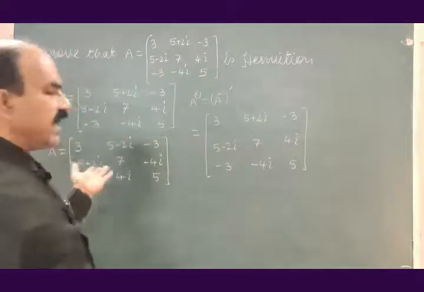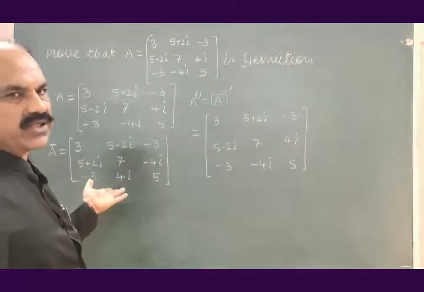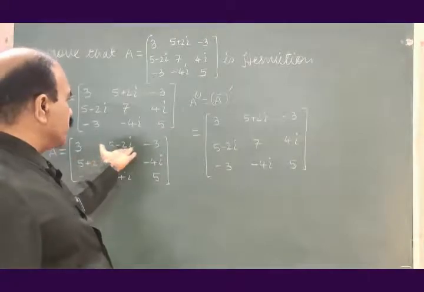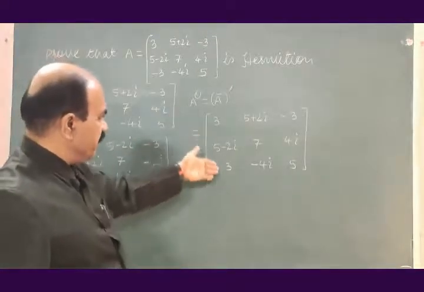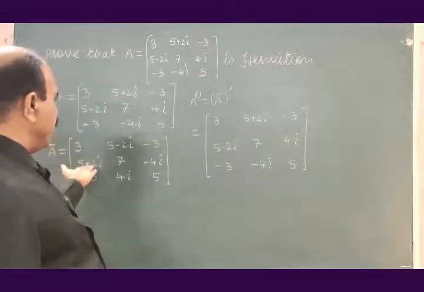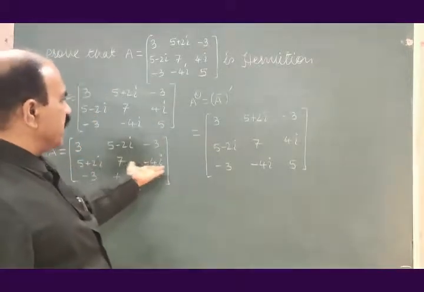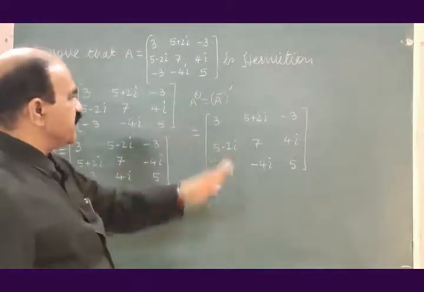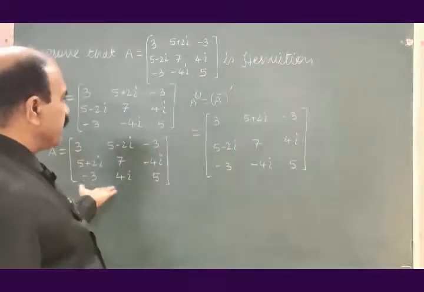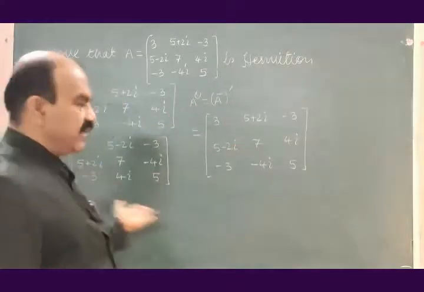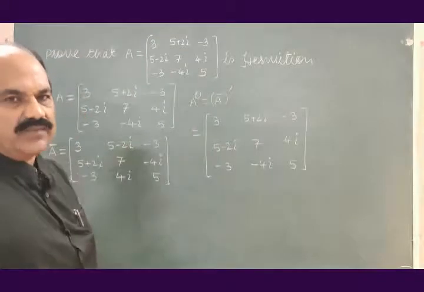The rows are replaced as columns. This is the first row, 3, 5 minus 2i, minus 3. It is written here as the first column. Second row, 5 plus 2i, 7, minus 4i, written as second column. Third row, minus 3, 4i, 5. Third row is written as third column.